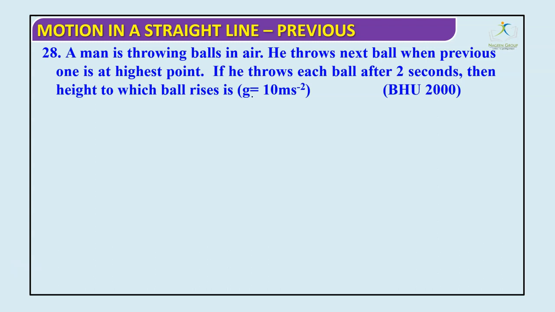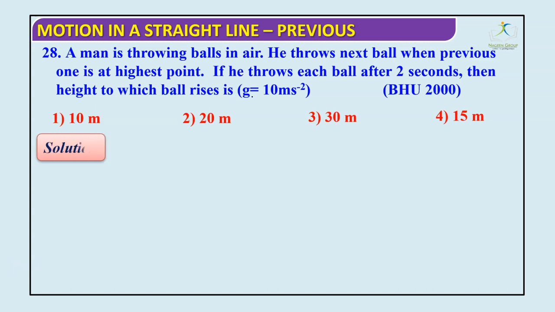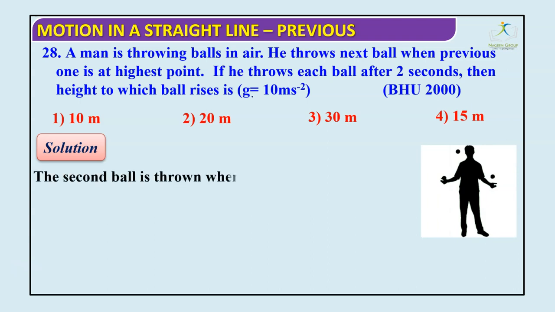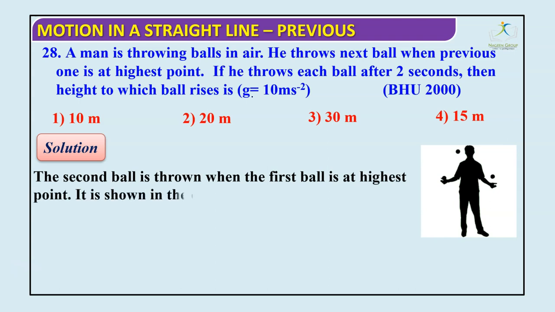This question came in BHU 2000. Here the options given are 10, 20, 30 and 15 meter. Now let's move to the solution part. So as you can see, this is a man throwing the ball in the air. The second ball is thrown when the first ball is at the highest point, as shown in this diagram.